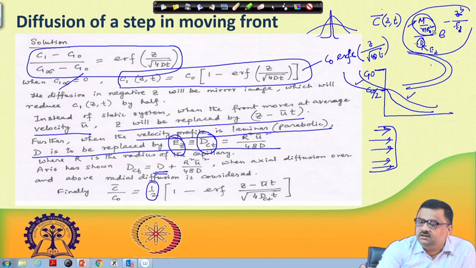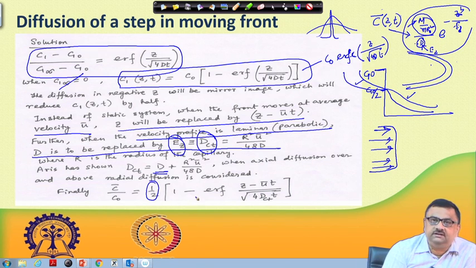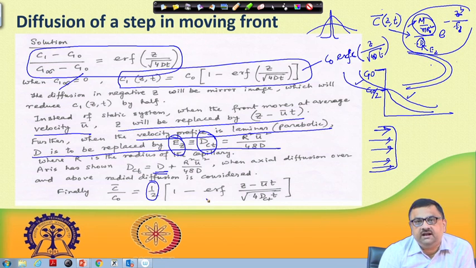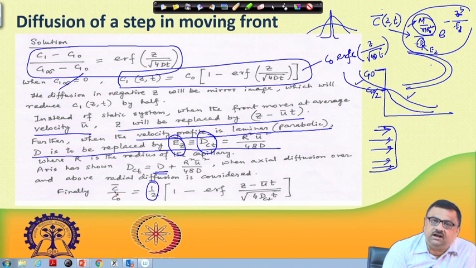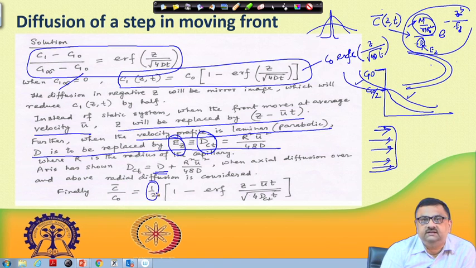So, you have a form in case of Taylor dispersion which relates C bar Z T, but there we had an exponential term. Here, instead of the exponential term you have an error function, but we are relating the same C bar. Instead of m by pi r naught square you have half C naught times 1 minus error function of this quantity.